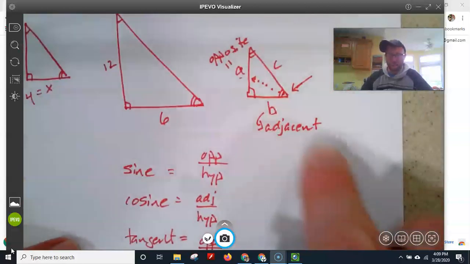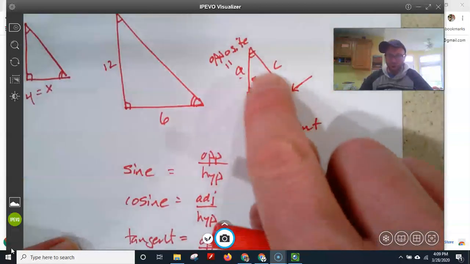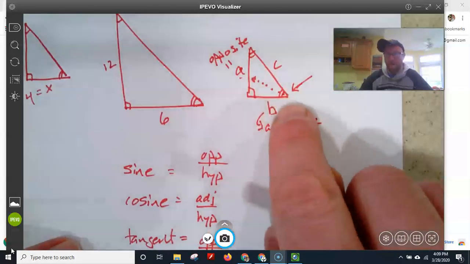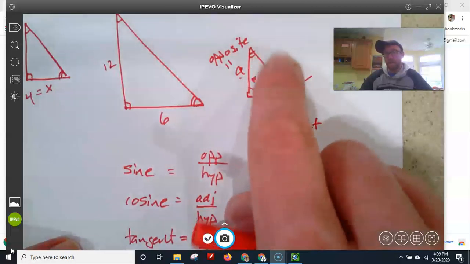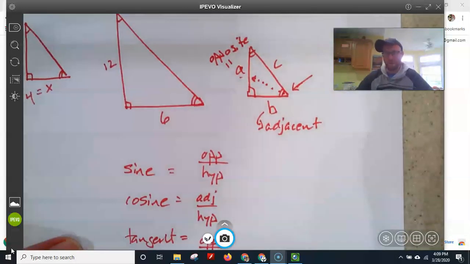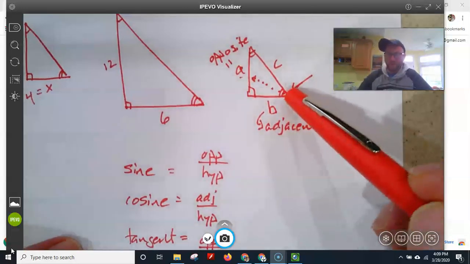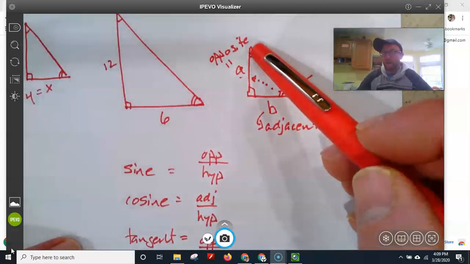And again, opposite is the side that we have to travel across the triangle to get to. Adjacent is the side that's right next to the angle. Of course, the hypotenuse is also right next to the angle, but hypotenuse is hypotenuse. That doesn't change. And again, if we know the angle, then we know the other angle over here automatically.